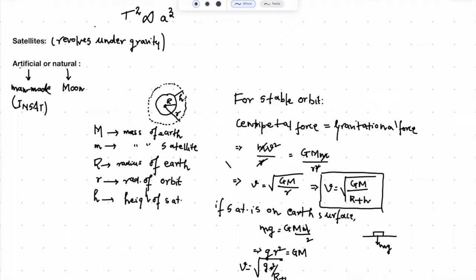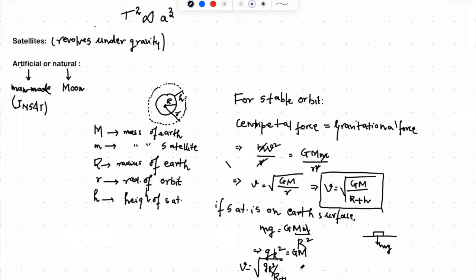Since I'm writing this as capital R, let me not change the notation, otherwise it will be confusing. So this is capital R, this is also capital R, and this is also capital R. So this is R plus h. Now the height is not there because we are saying it's on the surface of the earth, so this height will become 0.